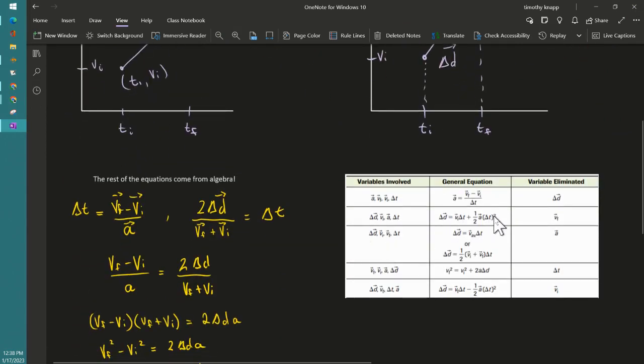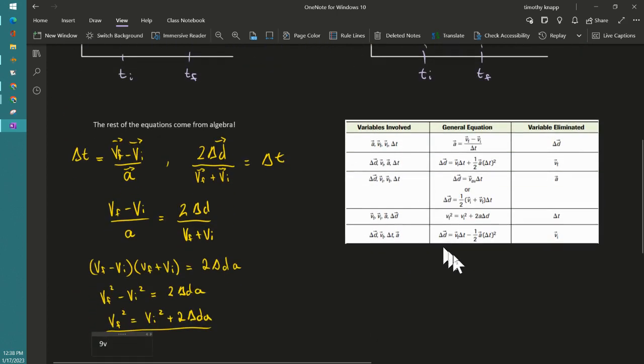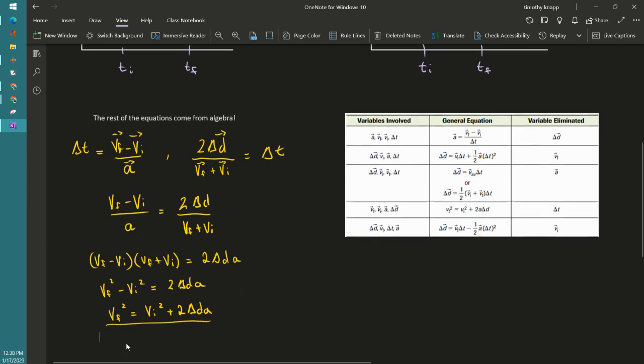It's going to be the one on this list. And then again, instead of solving for final velocity or time, you go up here and solve for initial velocity and set them equal. You'll be able to find this one over here. So these are the origins of what we call the 5 kinematic equations.